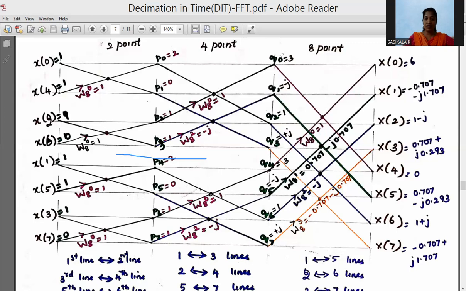Okay, so first we need to find the Q0. Q0 is the first output. Okay, so for the first output, see, this is the butterfly. First butterfly. Listen. First butterfly is this one.